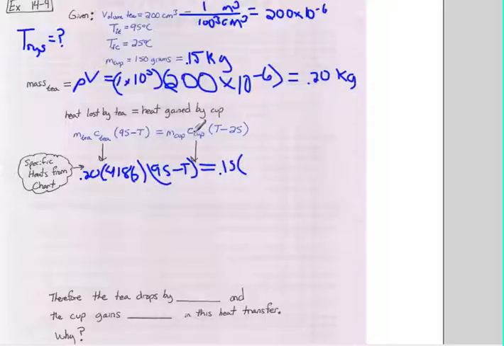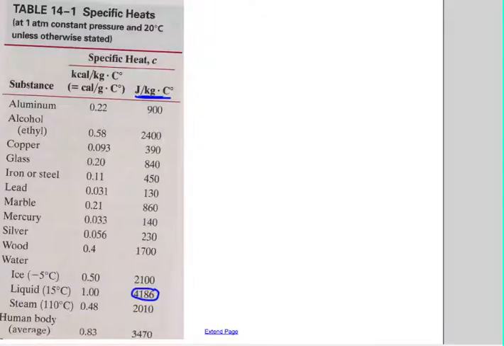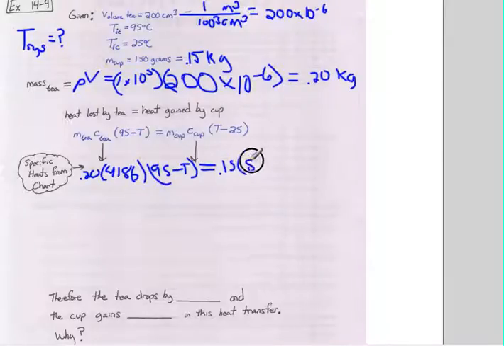And the cup, let's just say it's made of glass. So we grab the value for glass. What's the specific heat of glass? It's 840 right there. So we'll put 840 in for the cup if we've got a glass cup.